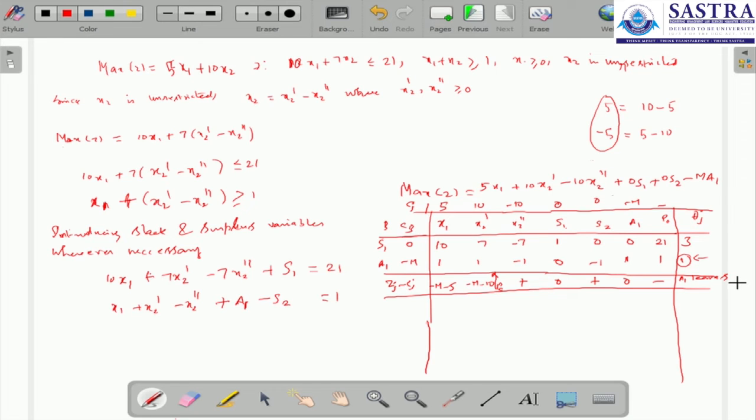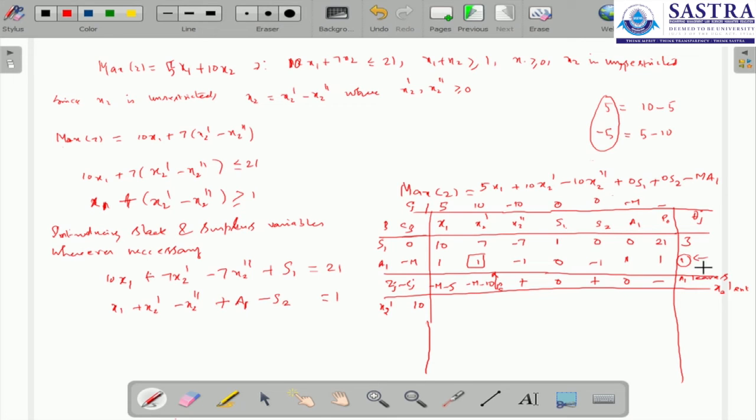A1 leaves, x2' enters. So, replacing A1 by x2', I will have the x2' cost as 10. Then what is the pivot element here? The pivot element is this.